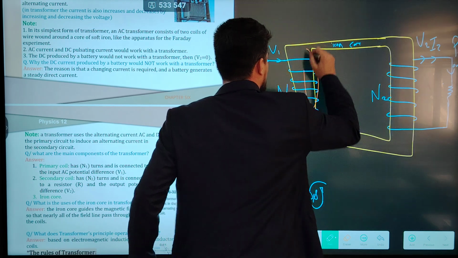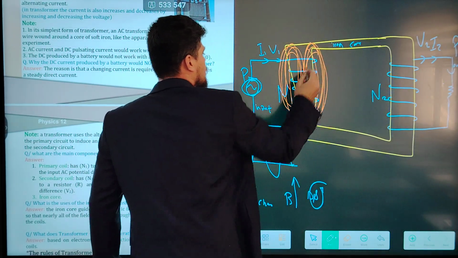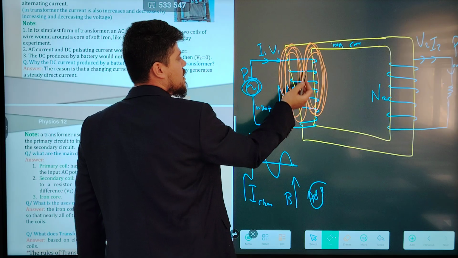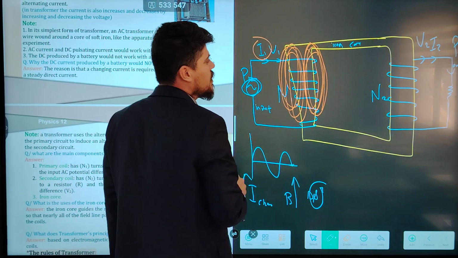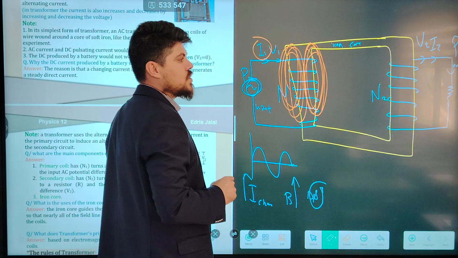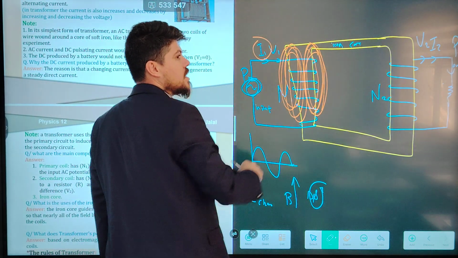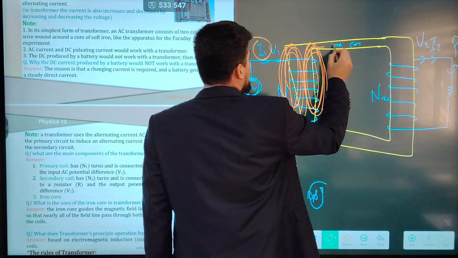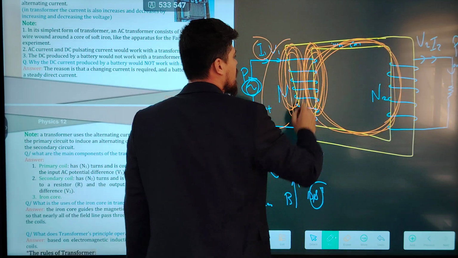Guys, look. The magnetic field is induced in the coil by this current. Because AC is alternating current, its magnitude and direction change continuously, so this field also changes continuously. Some of the magnetic field lines pass through the secondary coil.